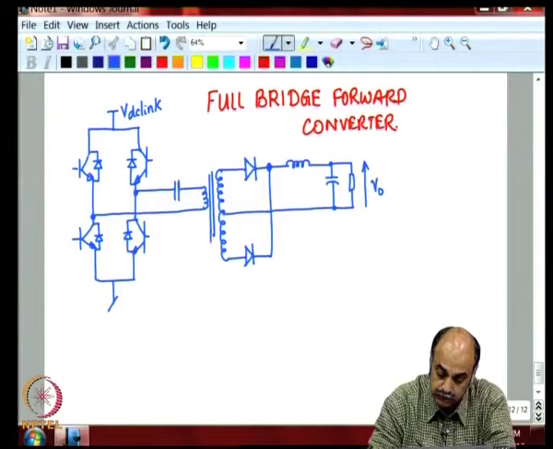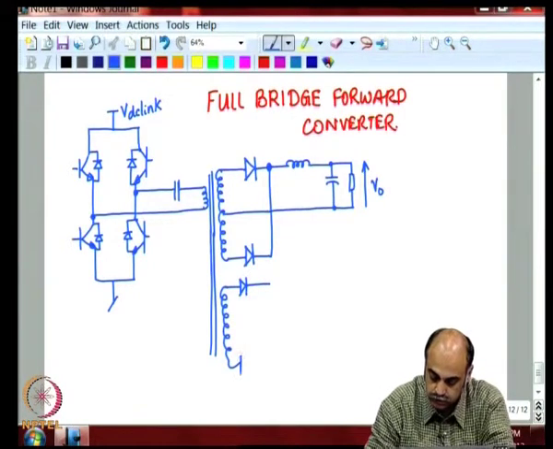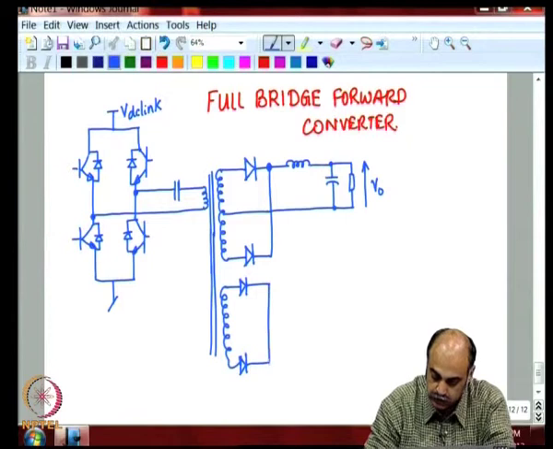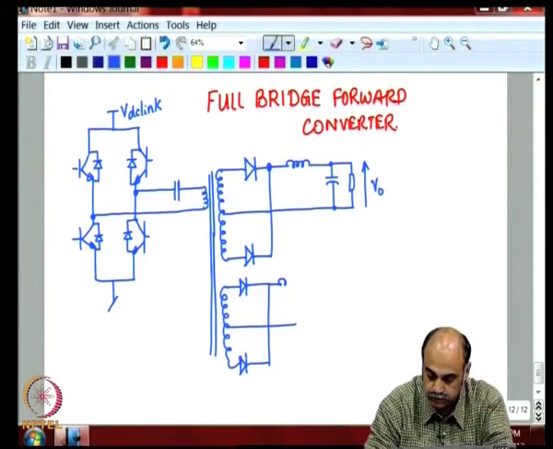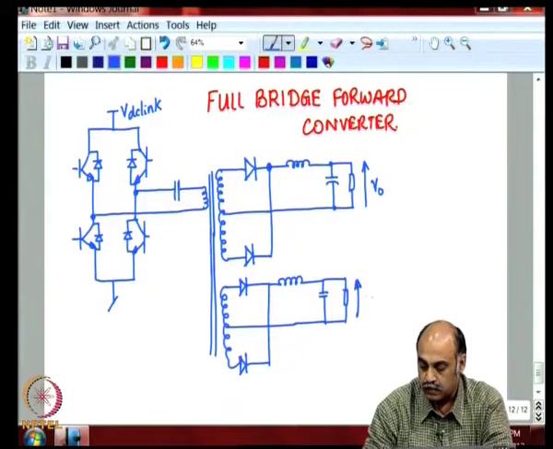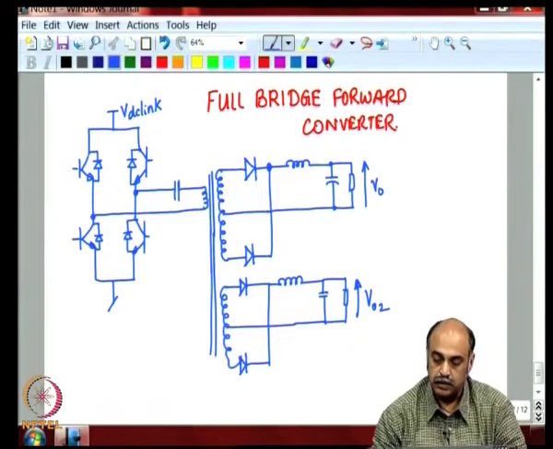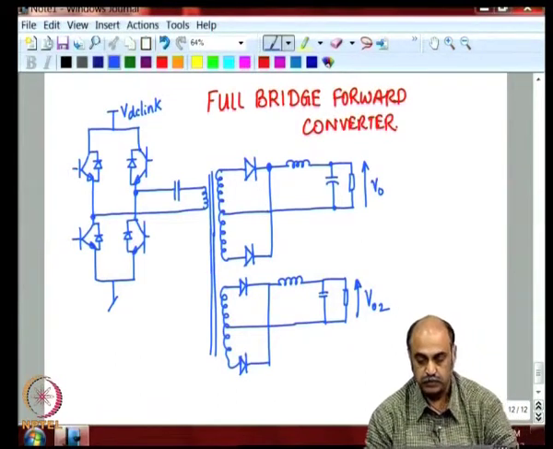And if you are having multiple secondaries, this portion gets repeated as many times, as we have discussed a while back while doing control of the multiple output transformers.